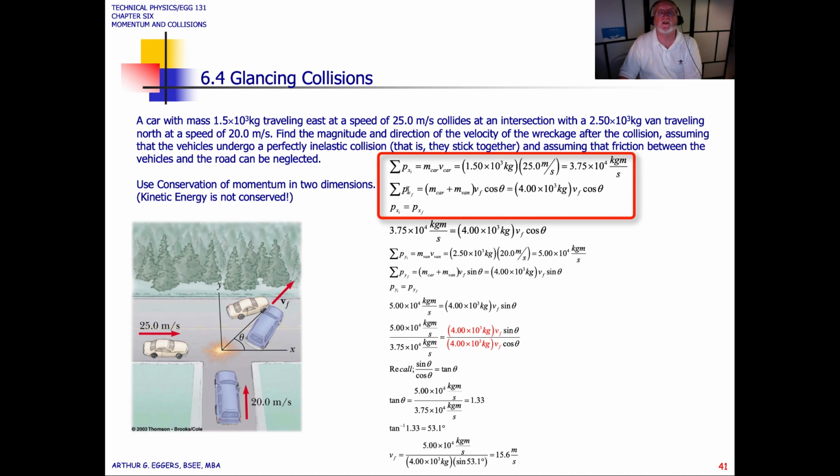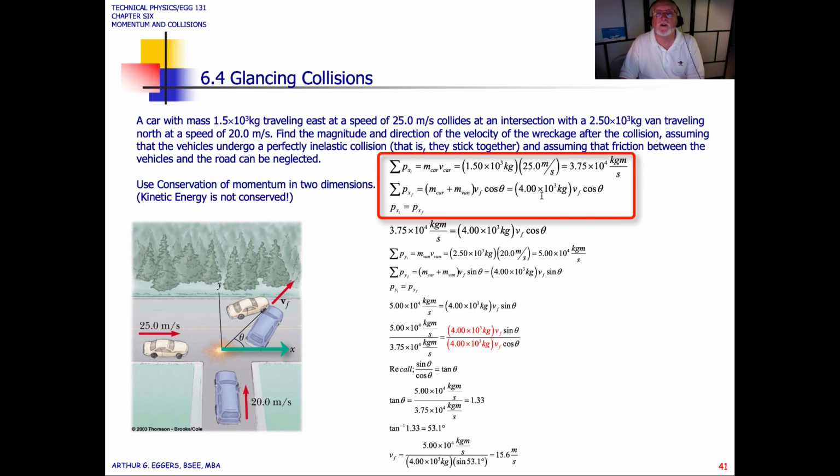Then we're going to sum all of the final momentum in the x direction. In this case, we've got the mass of the van and the car that are joined together now, times the final velocity, but we have to take the cosine of theta so that we can determine the angle associated with the two cars when they hit and glance.